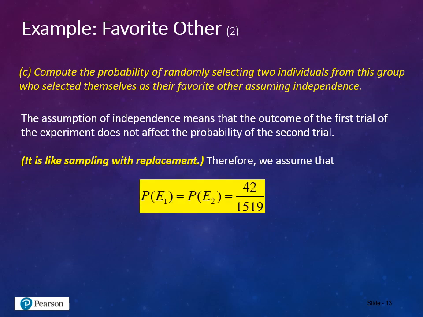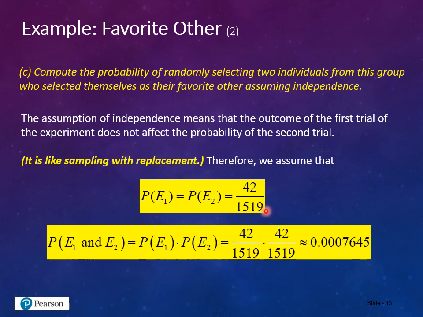Therefore, we assume that the probability that the first person chose themselves is equal to the probability that the second person chose themselves, which is just our general probability. 42 people selected themselves out of 1519. So the probability of E1 and E2, or both people selecting themselves, is simply the product.